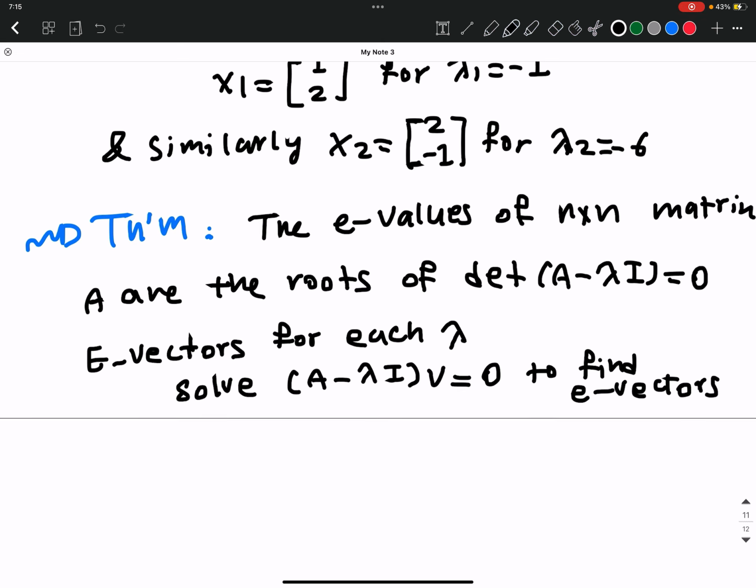Okay, so this is a general theorem that you can use if you want to find the eigenvalues of a matrix. You just calculate this determinant of A minus lambda I, and then for the eigenvectors you solve this equation.